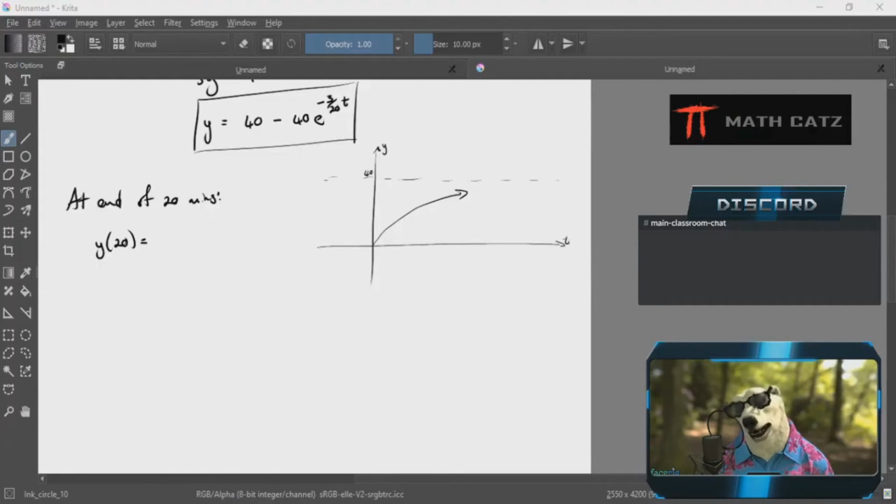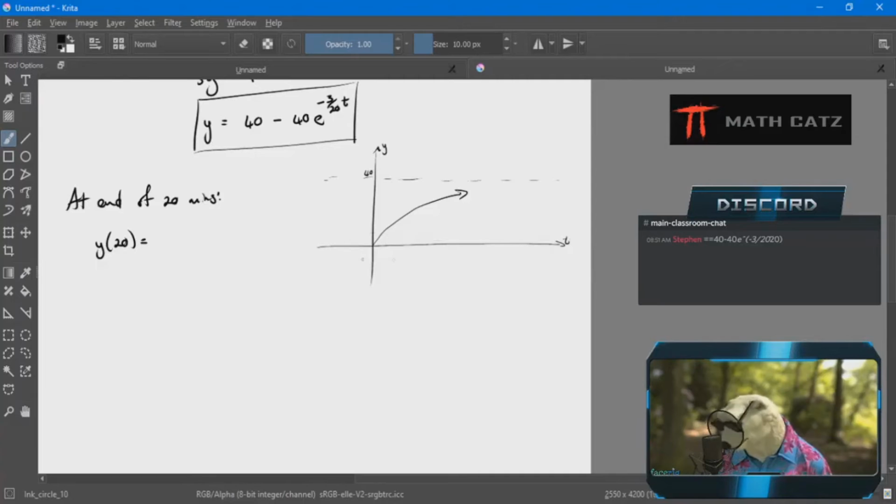I'll just use the MathBot calculator in Discord. So 40 minus 40 times e to the power of, I'll put that in brackets, negative 3 divided by 20 times 20. Oops, my brackets did not go well. Let me just fix that one second here, like so. MathBot says 38 point, let's go 0.1 if we round to 2 decimal places.